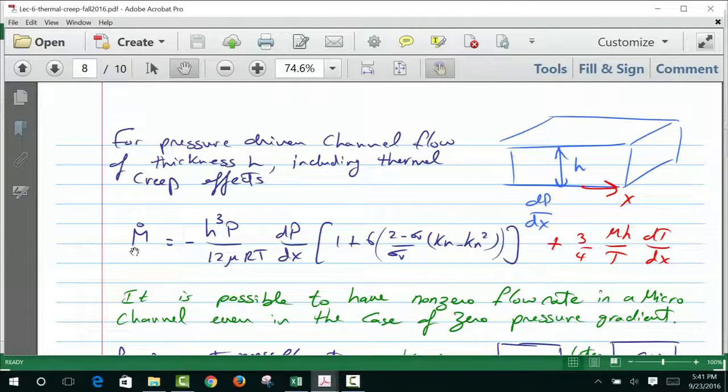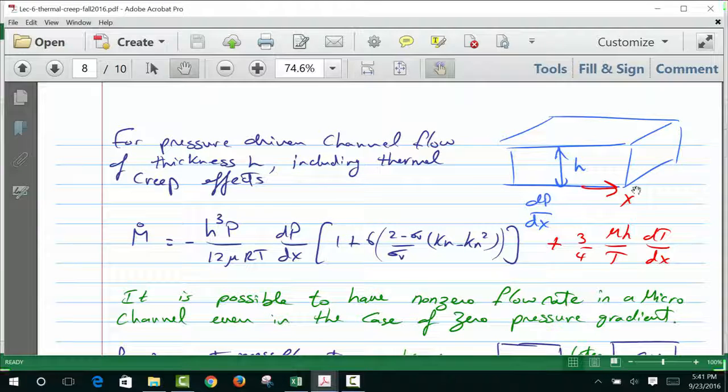Now how about this? The whole bracket over here, m dot is minus dp by dx multiplied by those terms. Does this make sense, that m dot is minus dp by dx? So the dp by dx, the pressure gradient, needs to be negative for m dot to be plus. Does this make sense? What does dp by dx negative mean for us?